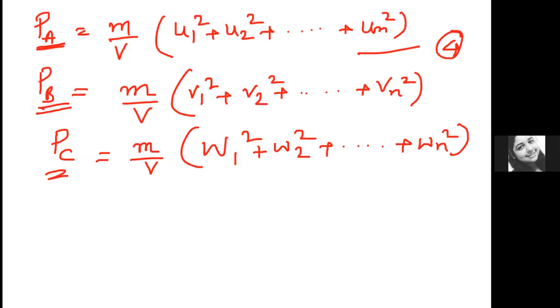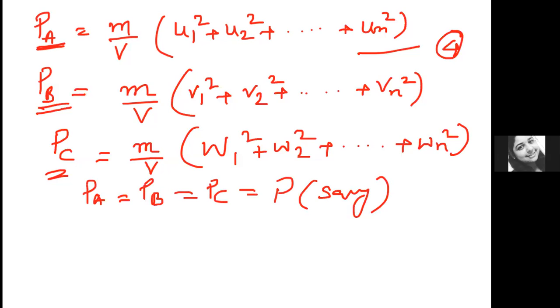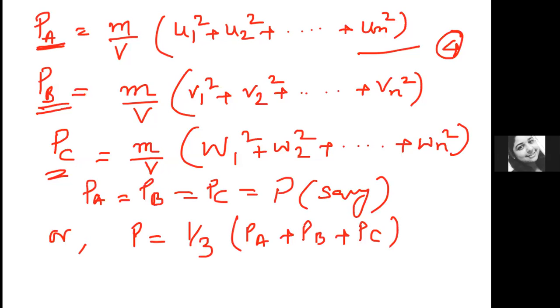As the pressure of the gas is same in all directions, we can write PA is equal to PB is equal to PC. So I can write say P, or I can write P is equal to 1/3 of PA plus PB plus PC. Are you following, students?